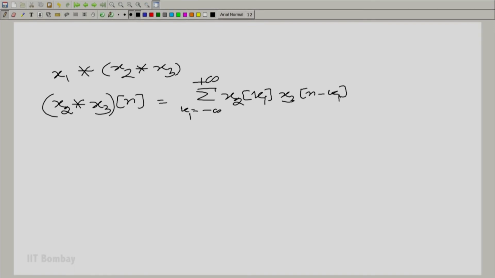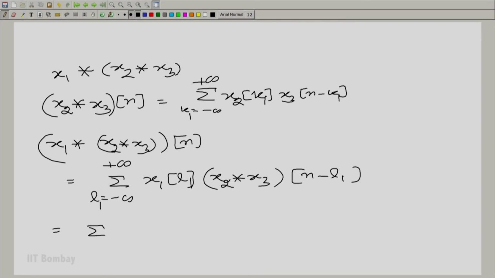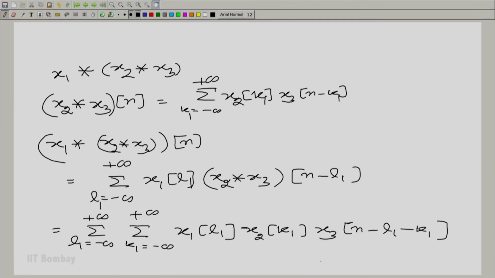Now, what we want to do is to calculate x1 convolved with this result at the point n, and that is going to be equal to summation L going from minus to plus infinity, or if you like L1 going from minus to plus infinity x1 L1 x2 convolved with x3 evaluated at n minus L1, and we can expand this. This is what we have.